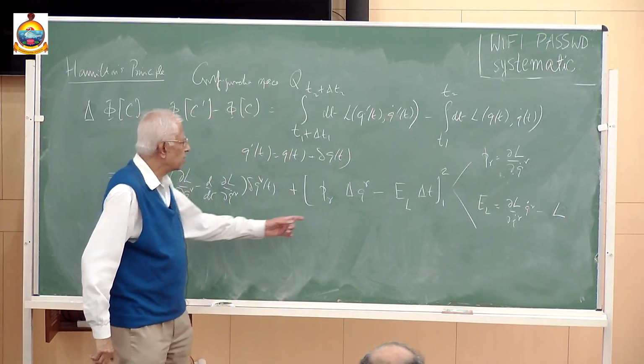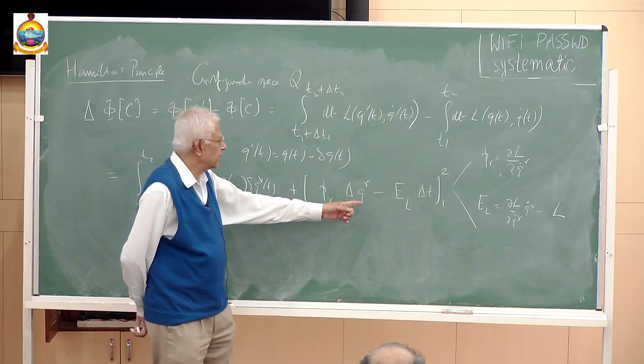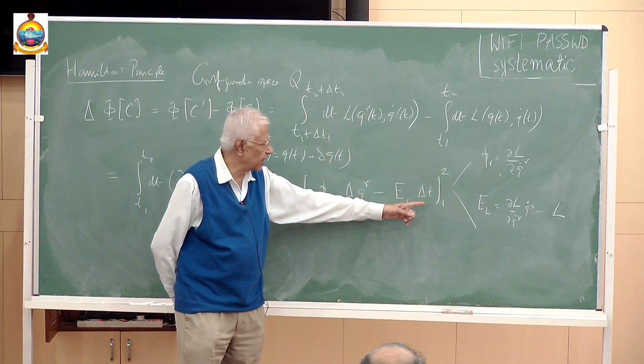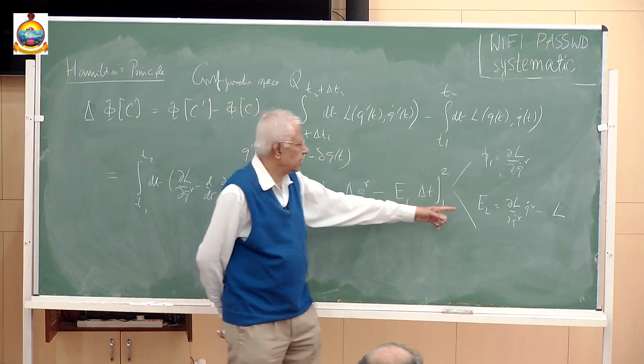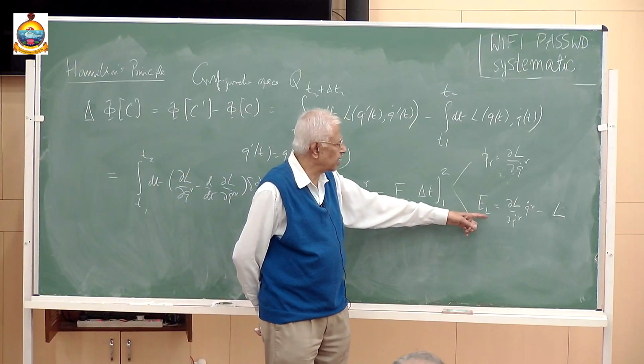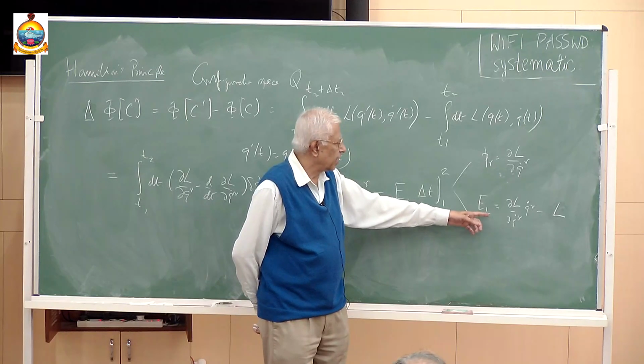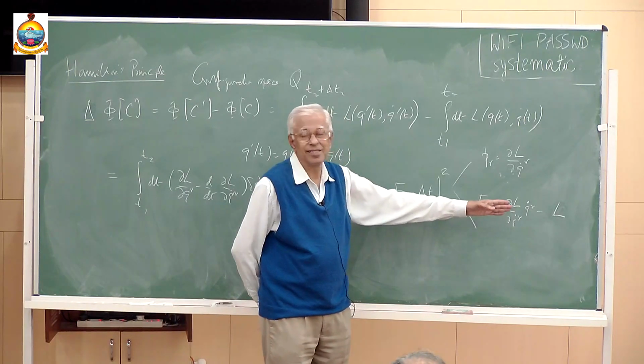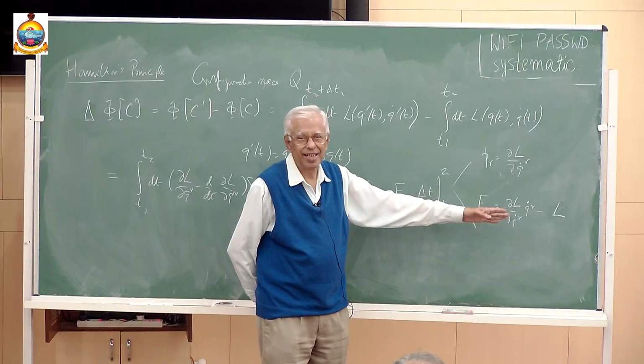The coefficient of the changes in the initial and final times delta T1 and delta T2 is this expression constructed out of the Lagrangian, and this in mathematics is called, what is it called?